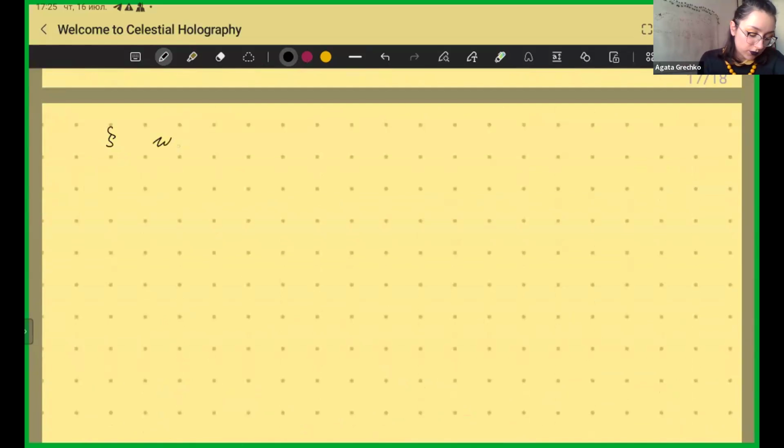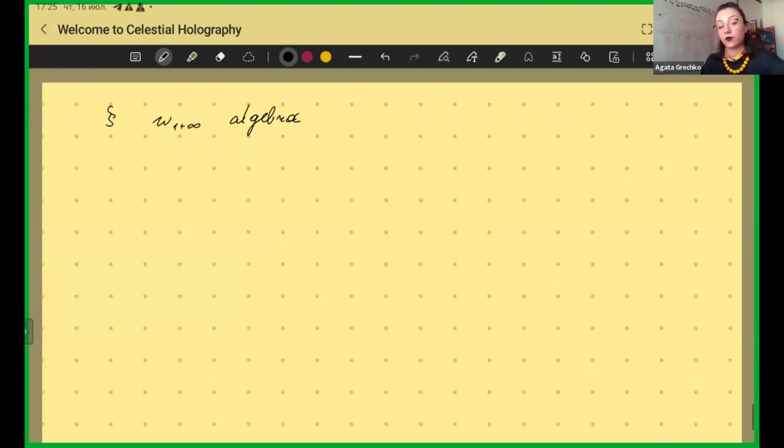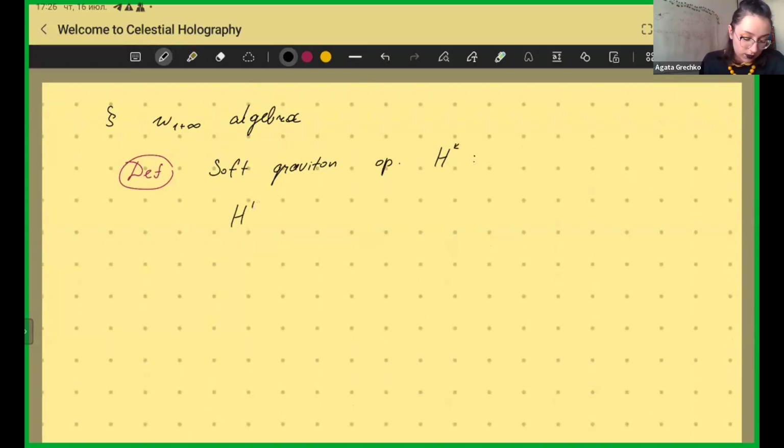So, W1 plus infinity algebra. For this, we will need to take the soft limit of our graviton operator G. So we will define a soft graviton operator H^k as the limit when epsilon goes to 0 of a normal graviton.